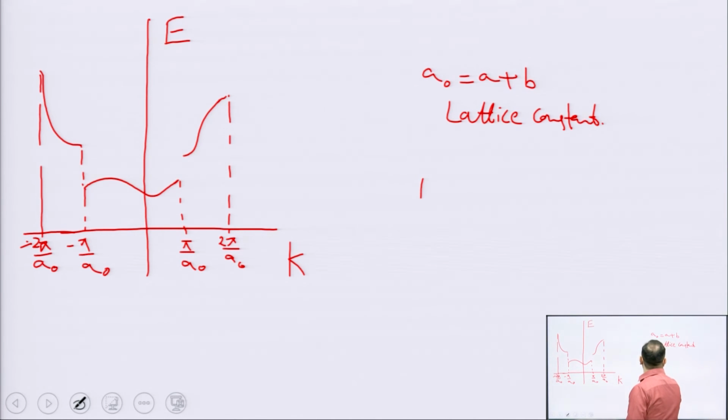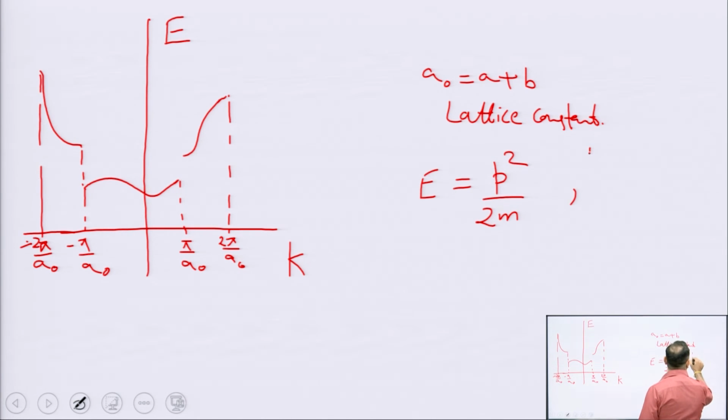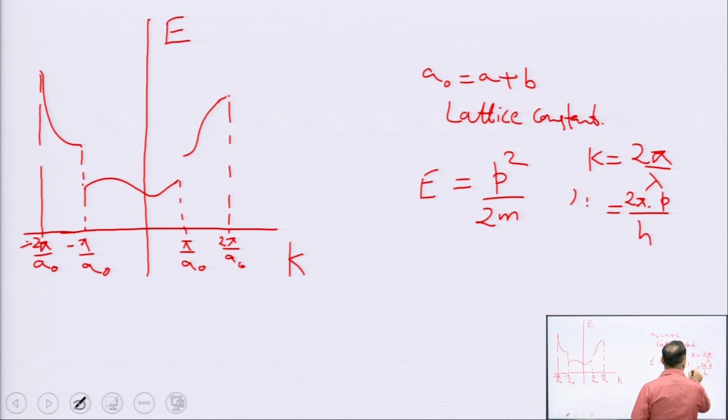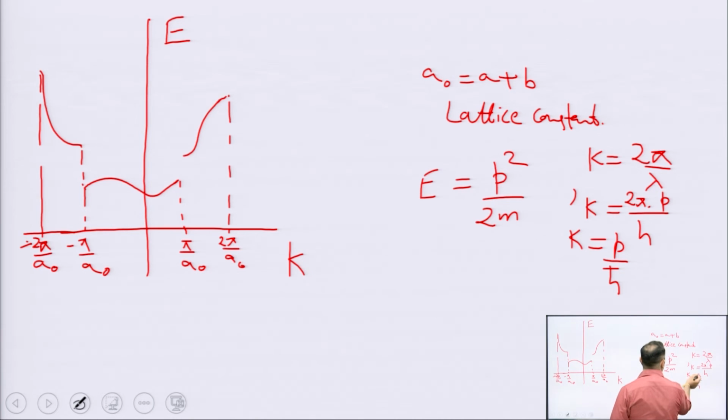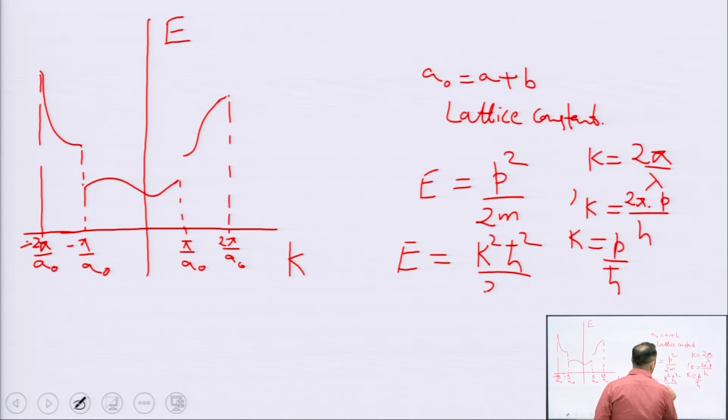It is because the energy can be given by p square by 2 m, and we know that k is equal to 2 pi by lambda, and lambda is h over p, de Broglie's wavelength. So, this can be written as p by h bar. And if I replace p in the energy equation, I can get k square h bar square by 2 m.